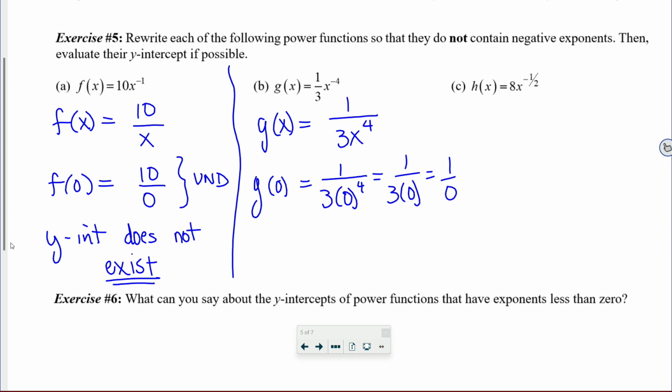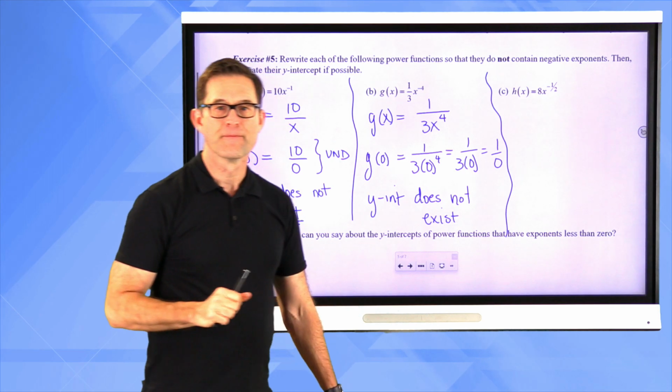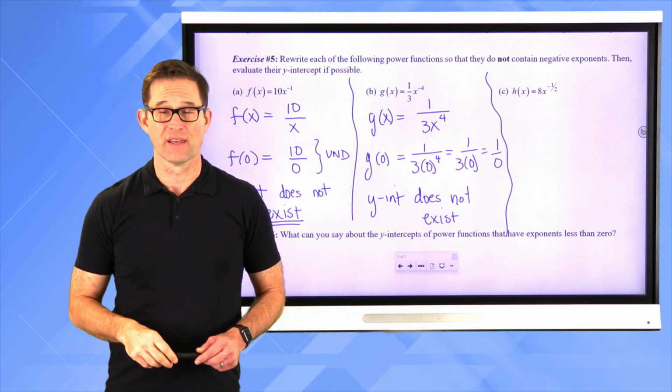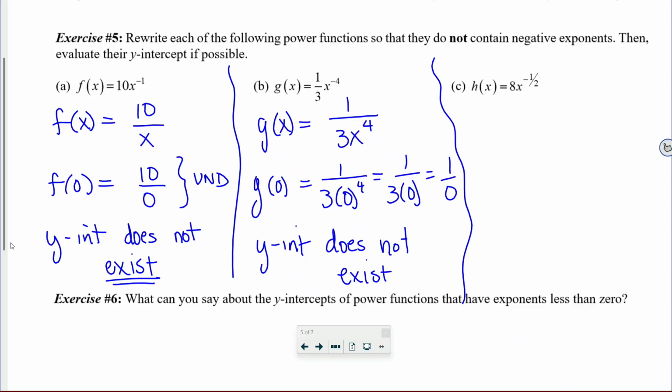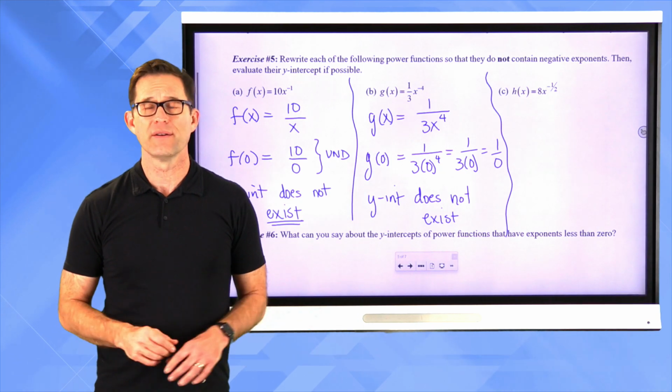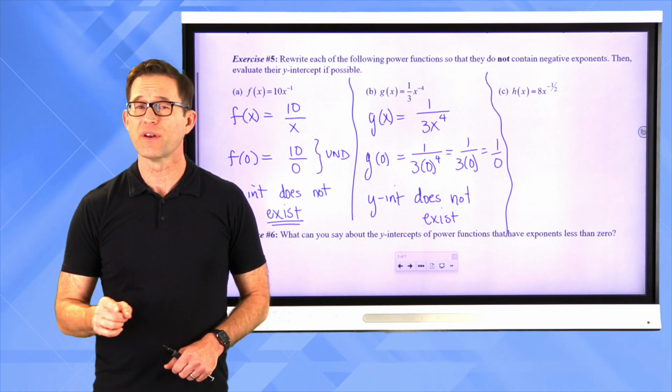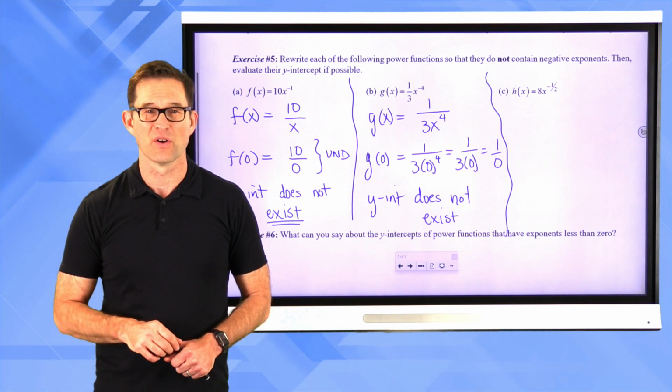And yet again, that's undefined, so the y-intercept does not exist. It never touches the y-axis. And finally, letter C. h of x equals 8 times x to the negative 1/2. Why don't you go ahead and try to figure out what the y-intercept, if it exists, is of that particular function.